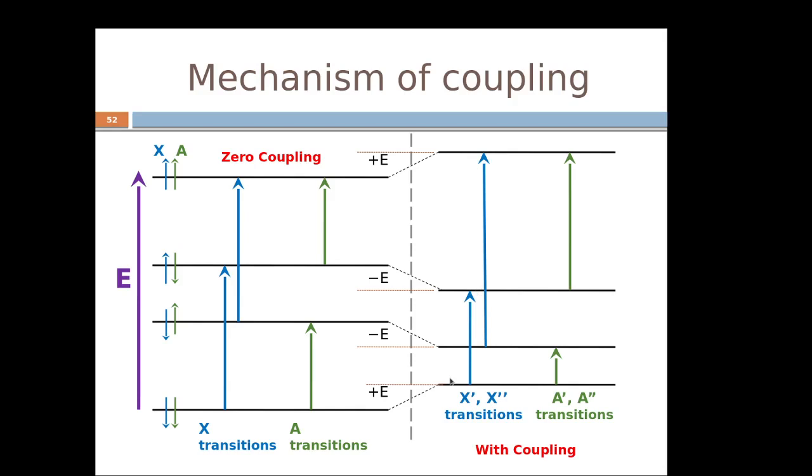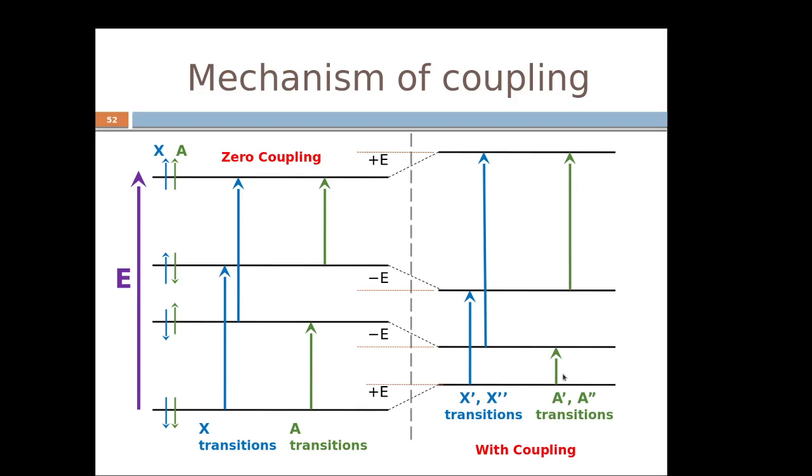This shows that the NMR peaks corresponding to the X prime and X double prime transitions would appear at two different frequencies in the chemical shift scale. You will see two peaks for X transitions because X couples with the A nucleus. So the NMR peak of the X nucleus gets split into a doublet due to coupling with the A nucleus.